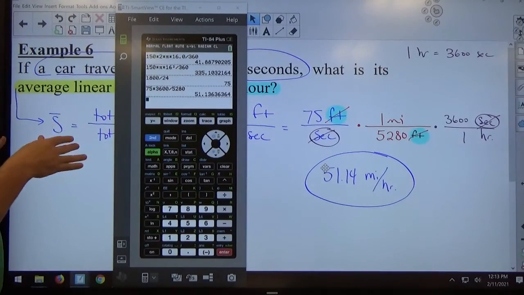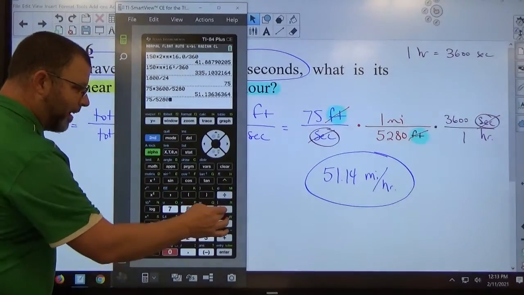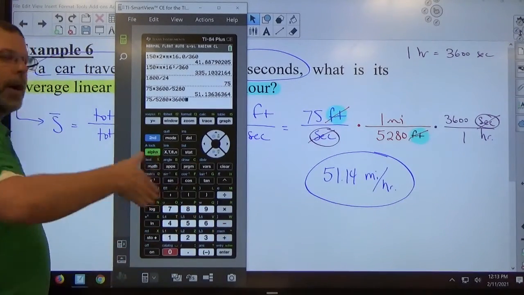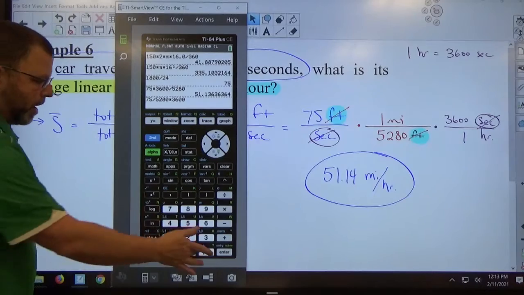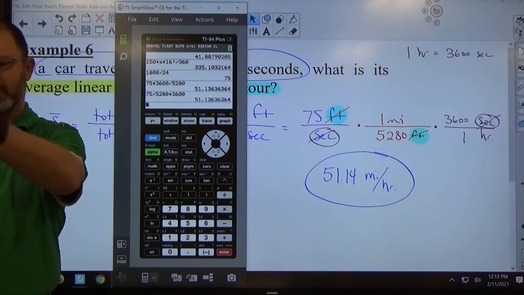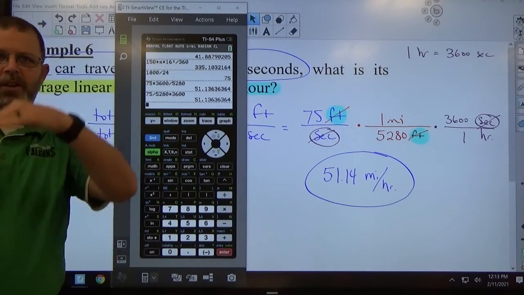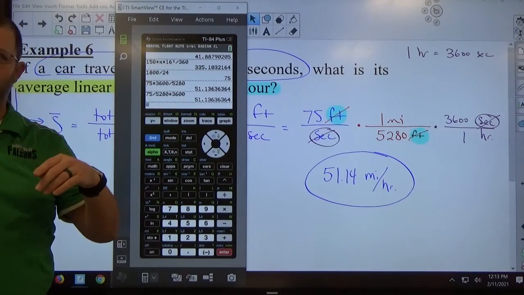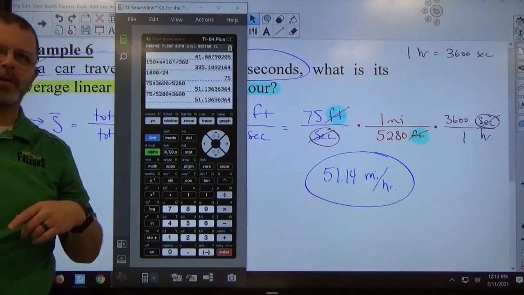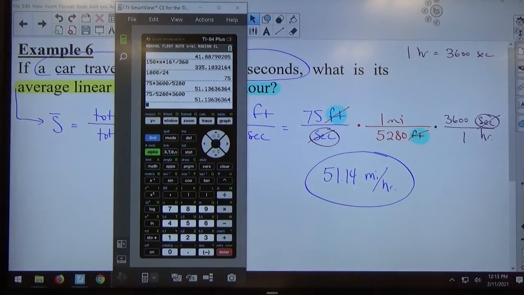The order in which you do this doesn't matter; I could have done 75 divided by 5,280 times 3,600. As long as you hit a divided by before every bottom number and a times before every top number, you're going to get the right answer on your calculator. Just don't say divided by this, times this, times this. Your calculator sees times and is going to put it back on top. So divided by before every bottom number, times before every top number, if you're not going to evaluate the top and bottom separately.